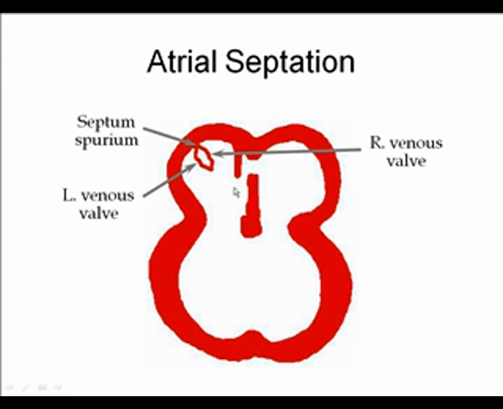Right atrial pressures are higher than left atrial pressures in the fetus, and hence the septum primum can act as a valve and prevent blood from flowing backwards from left to right. And in fact, we will call the septum primum the valve of the foramen ovale, which is located here.